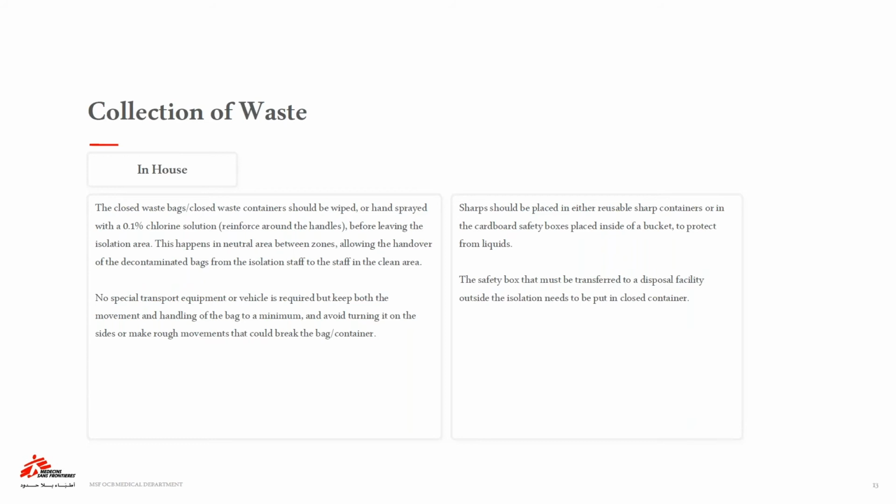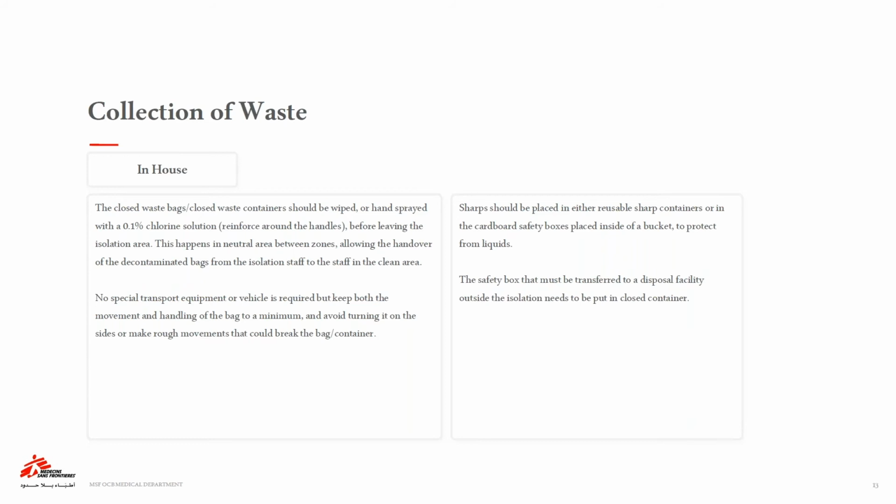For any sharps, the sharps should be placed either in a reusable sharp container or a plastic box, where we take the ampule to the crusher machine in the waste zone, or in a cardboard safety box placed inside a bucket to protect this safety box from damage, especially when it's exposed to any fluid.